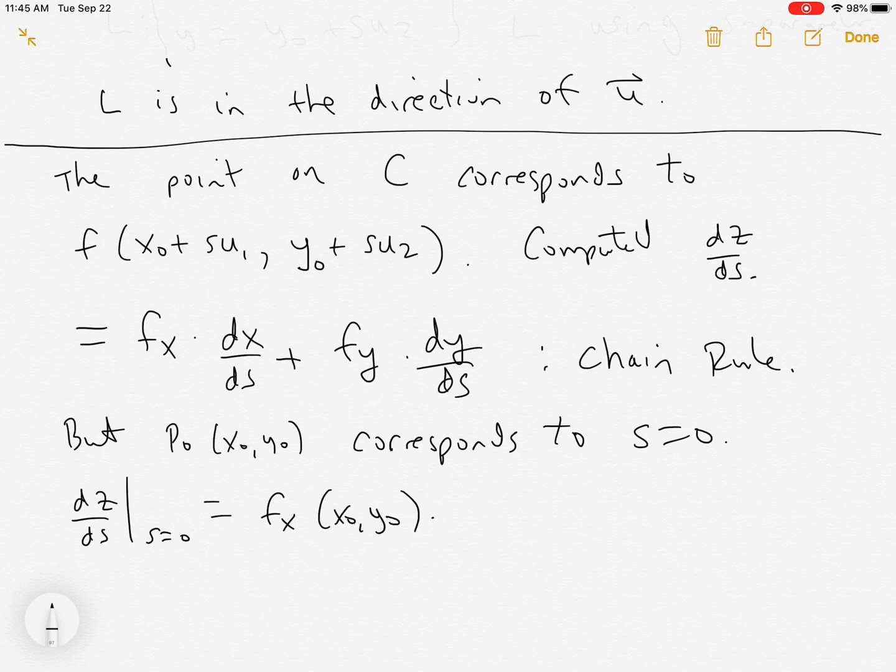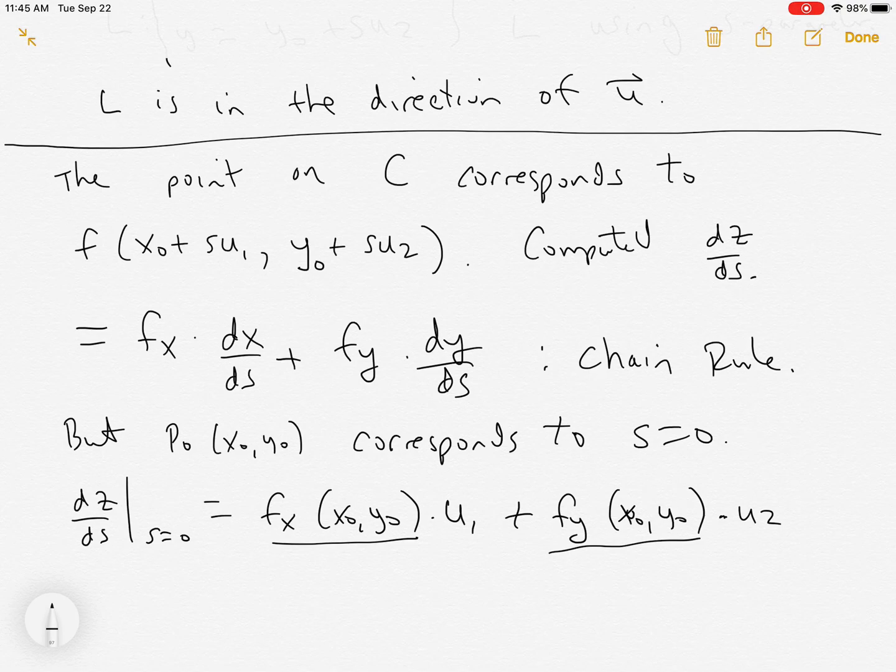writing out all the grimy details, the partial with respect to x of the point P naught times U1 plus the partial with respect to y of the point times U2. Okay.